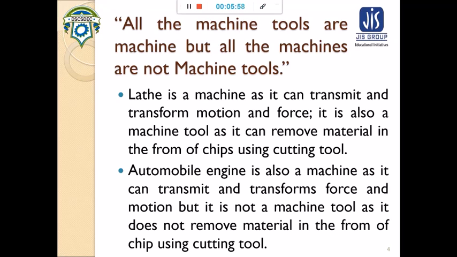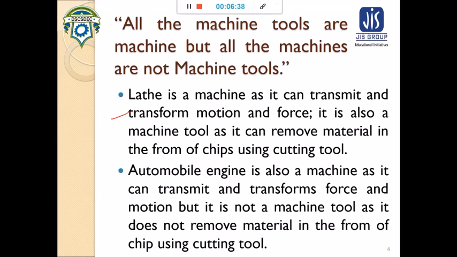A machine can transform and transmit motion and force, but a machine tool is a special type of machine which can remove material in the form of chip by using a wedge shape or V shape tool, known as a cutting tool.